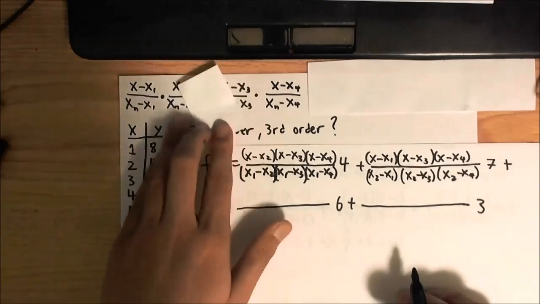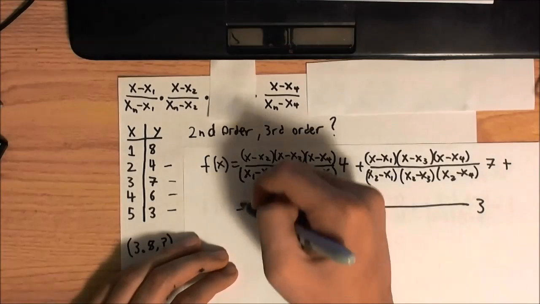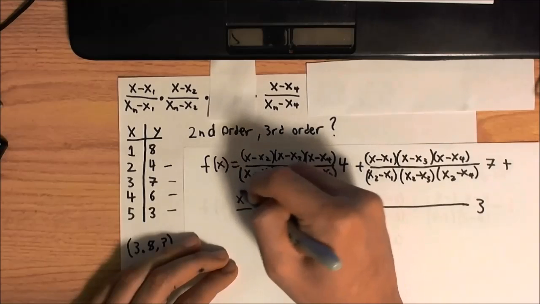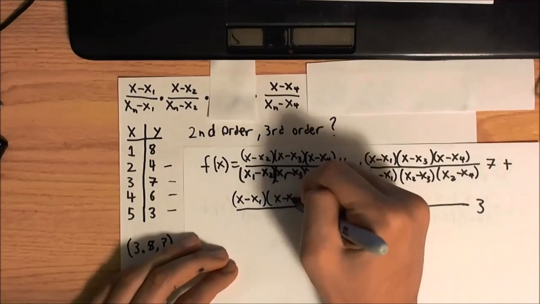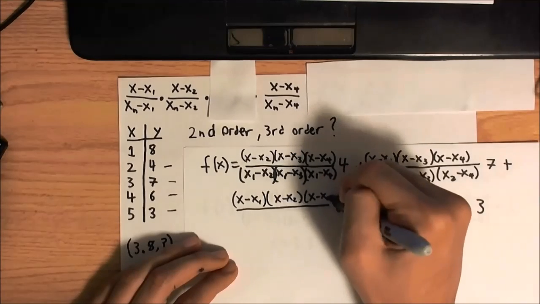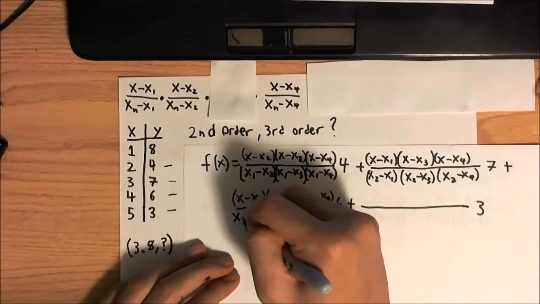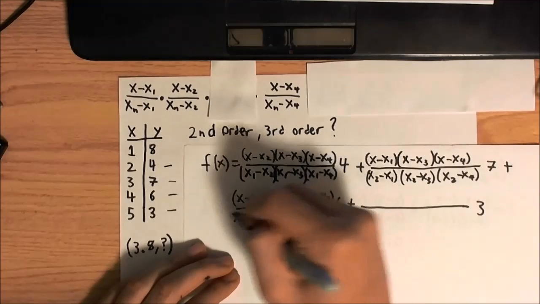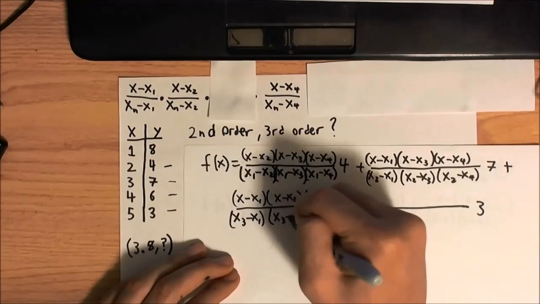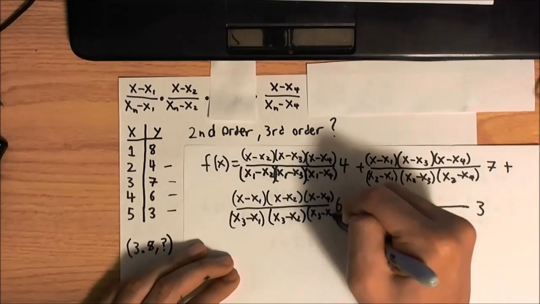Moving on to the third term, n equals 3, and we exclude the third term, making our Lagrange term (x minus x sub 1) times (x minus x sub 2) times (x minus x sub 4) over (x3 minus x1) times (x3 minus x2) times (x3 minus x4).